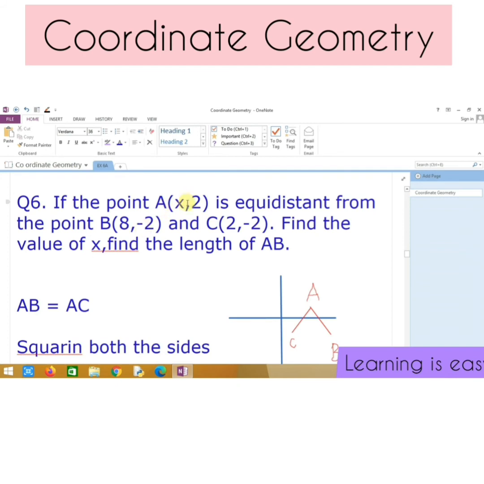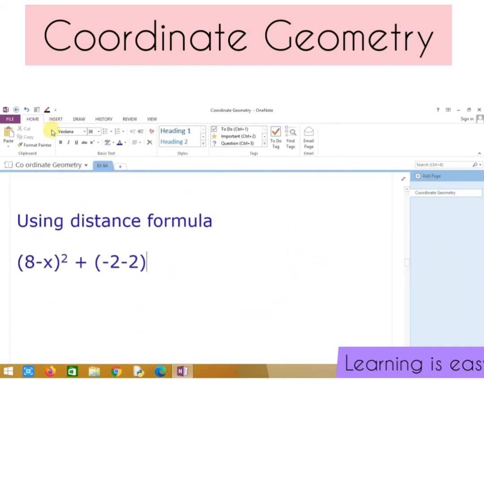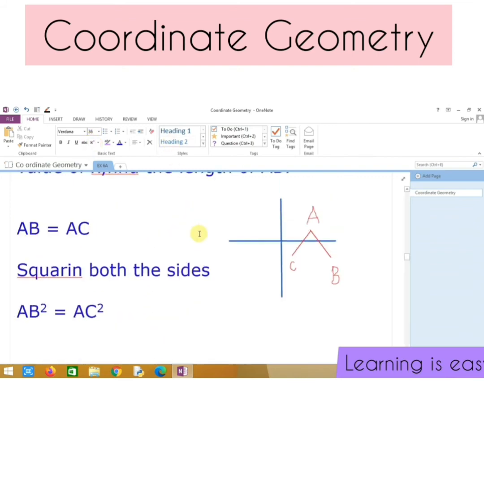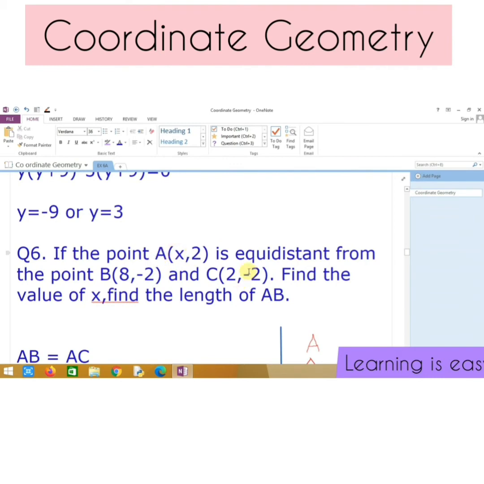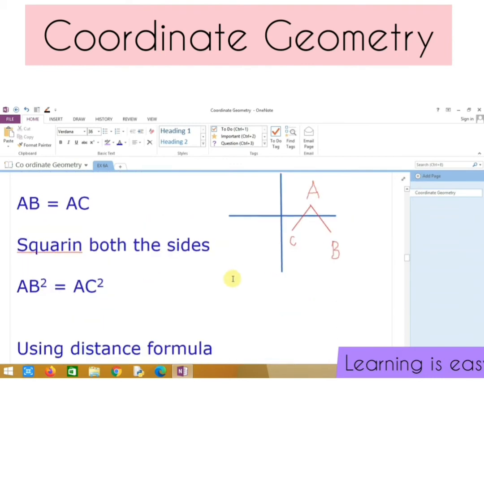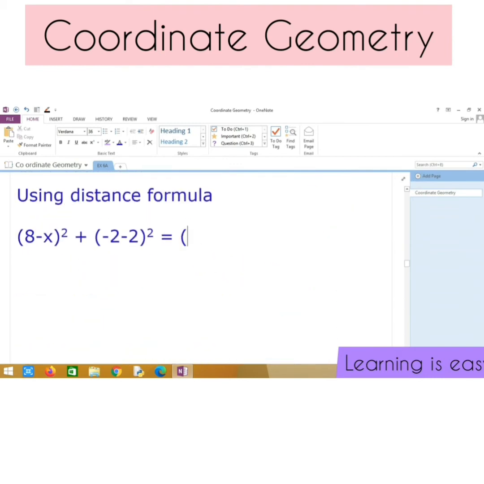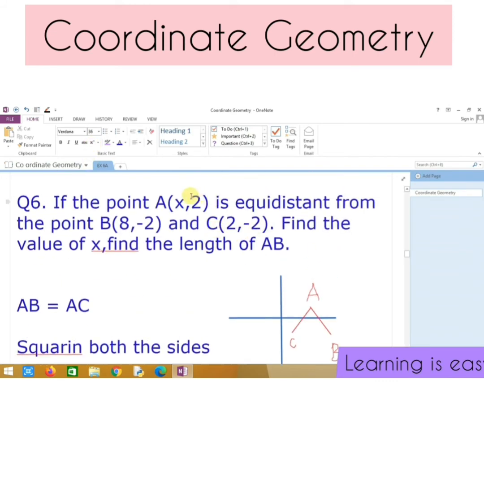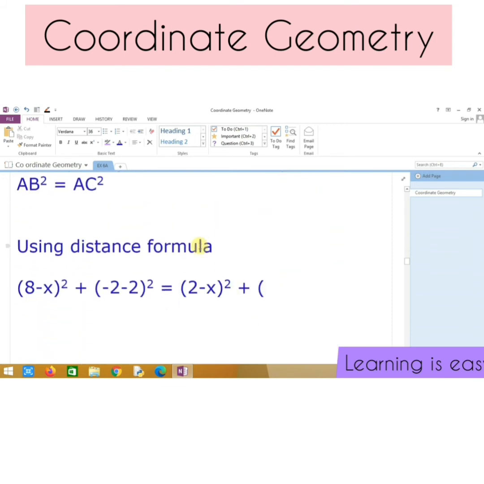In a very similar way we do the RHS also: (2 minus x) whole square, x coordinates of A and C in this side, minus 2 again, y coordinates of A and C, whole square.